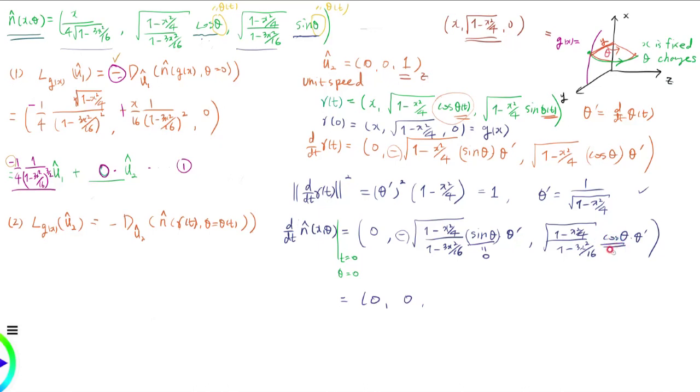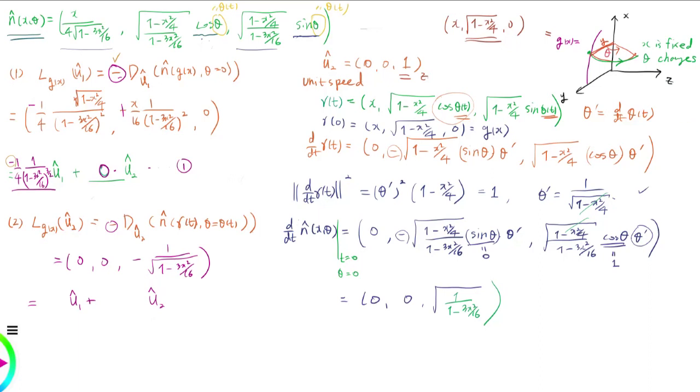And for the cosine of 0 is 1. So we have theta prime, which is 1 over square root of x squared over 4, which is cancelled out. So what's left is 1 over 1 minus 3x squared over 16. Okay, so by taking the negative sign, we have 0, 0, minus 1 over square root of 1 minus 3x squared over 16.